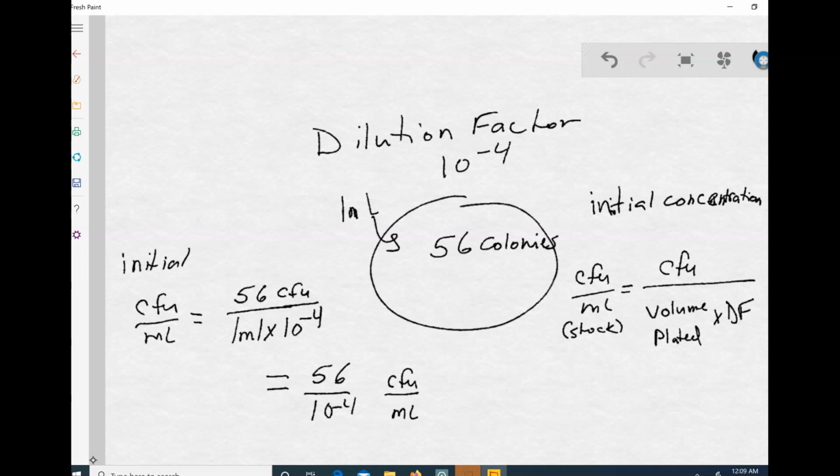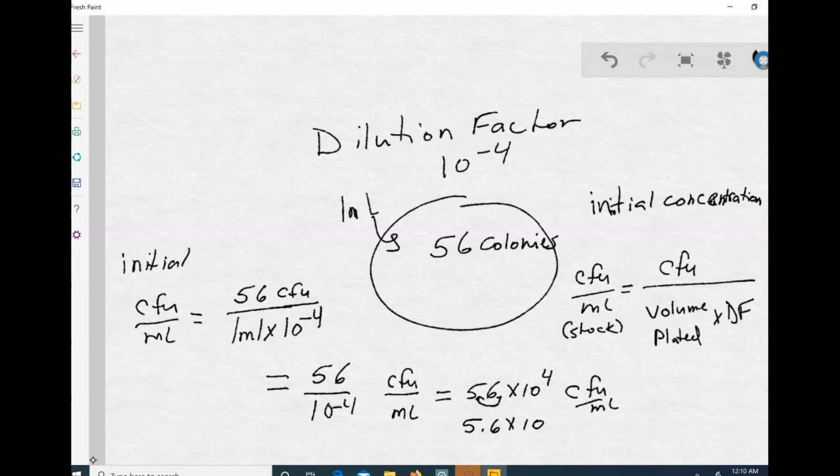But we can simplify this fraction significantly if we remember the rule about moving exponents to one side of the fraction and changing their sign. This is just 56 times 10 to the positive 4 colony forming units per mL. And I can move the decimal that's way over here back right here to make it proper scientific notation. 5.6 times 10, and instead of times 10 to the 4, I've moved my decimal place just once.